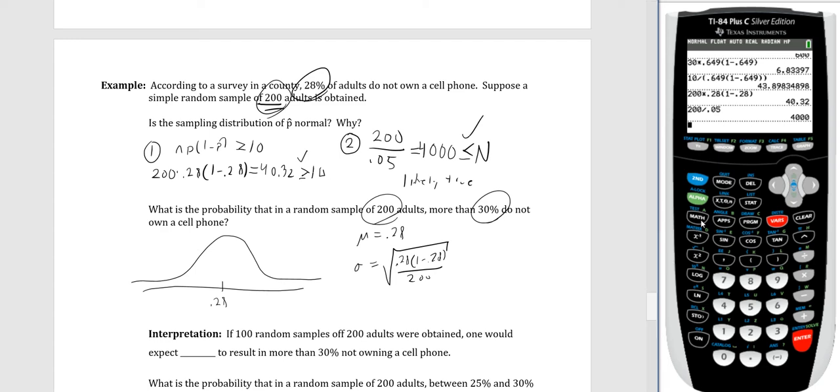So we can find that over here. Remember, make sure everything in there is under that square root. So 0.28 times 1 minus 0.28 divided by 200. What we get is 0.0317.